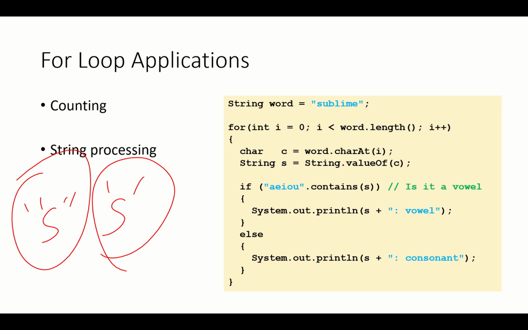A String, you can put one or many. The reason we want to convert to a string is because this contains method takes only a string as input. This is the reason we want to change the char to a string.